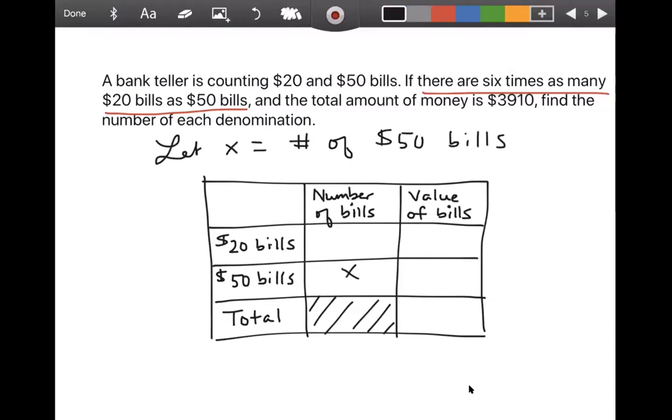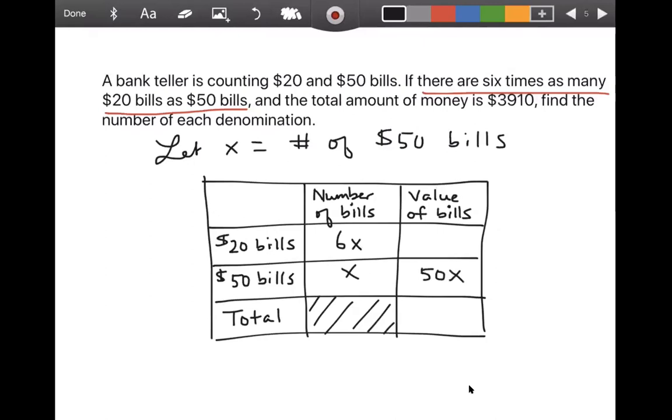So if I have X number of bills and each one is worth $50, then the total value of those bills is 50X. And if I have X number of $50 bills and I have 6 times that many $20 bills, then I can write the number of $20 bills as 6X, right?